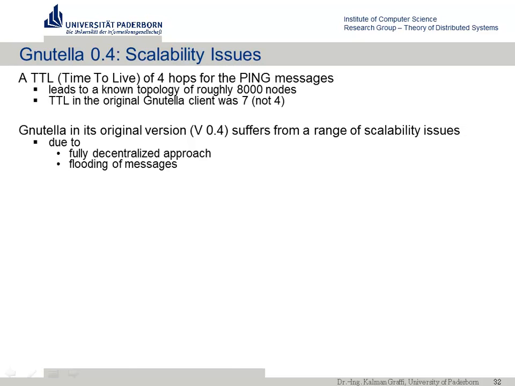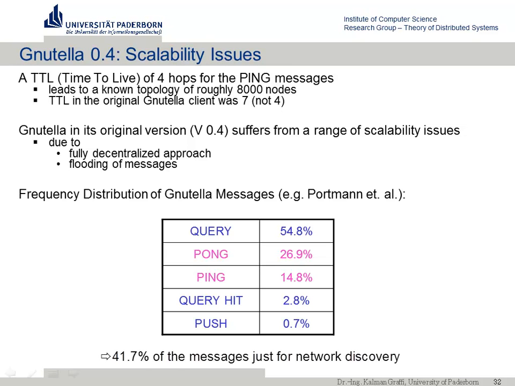So that's a summary. It has a scalability issue, too many messages, and there was a measurement study by Portman and some other researchers. They looked at the traffic production and traffic overhead for various message types.